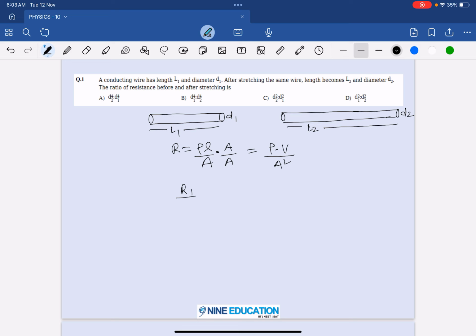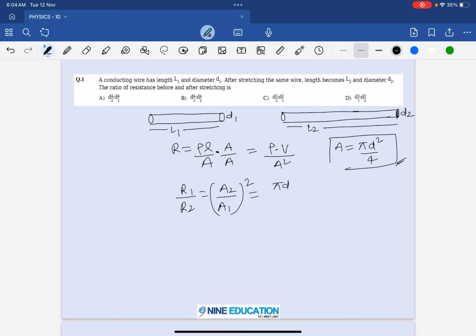Can I write it as R1 by R2 equals A2 by A1, squared? Yes or no, bacho? Now the area in terms of diameter is pi d square by 4, correct? It is the area of the cross section of this wire. So pi r square, and instead of radius, we are writing in diameter, so it is pi d square by 4.